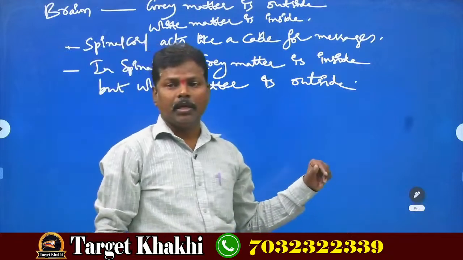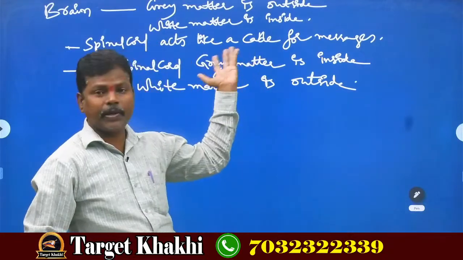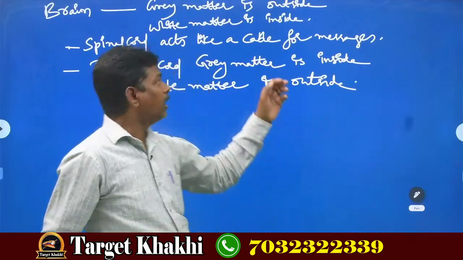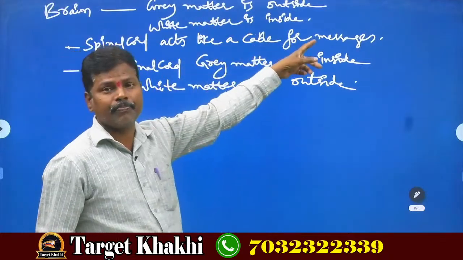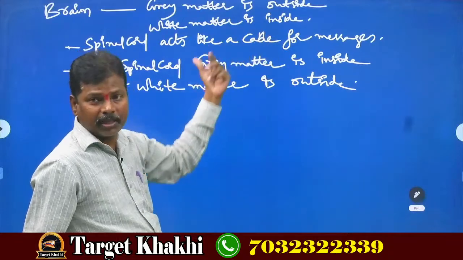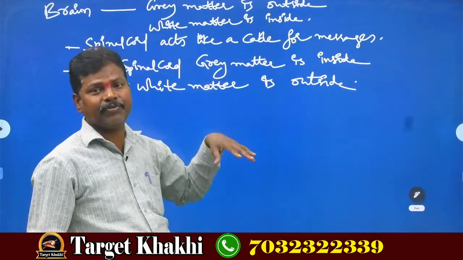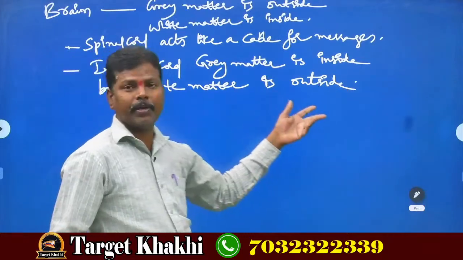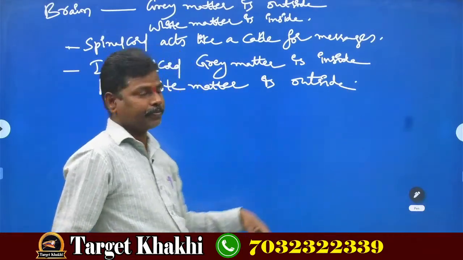Understood? In the spinal cord, it will be different. In the brain, what I told, gray matter is outside and white matter is inside. But in the spinal cord, it is quite different. Gray matter will be inside and white matter will be outside. Okay.